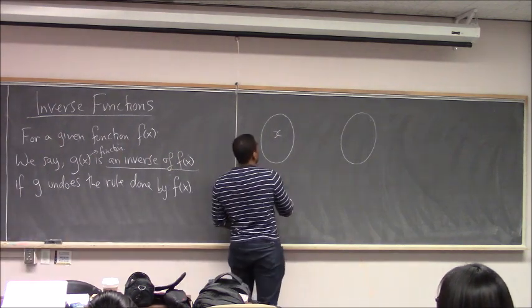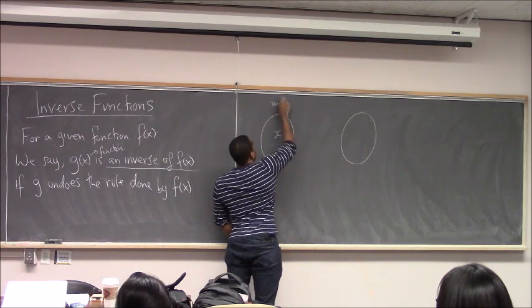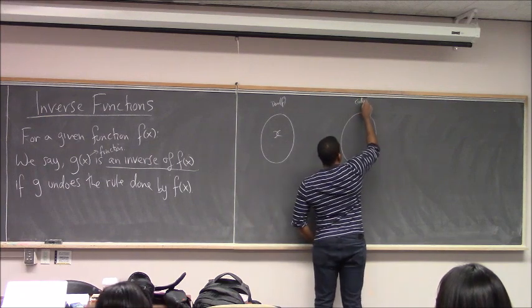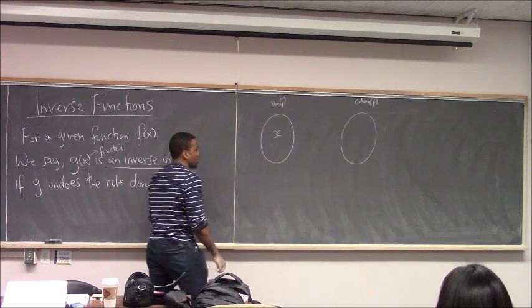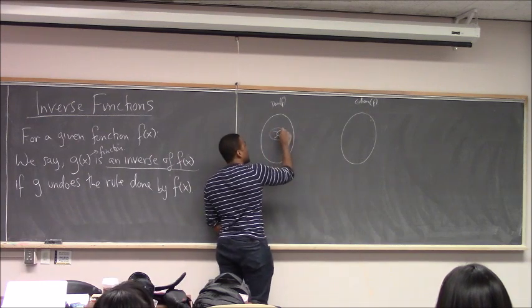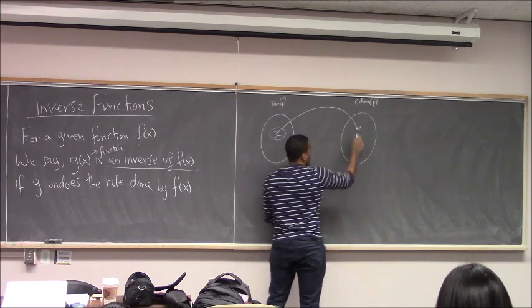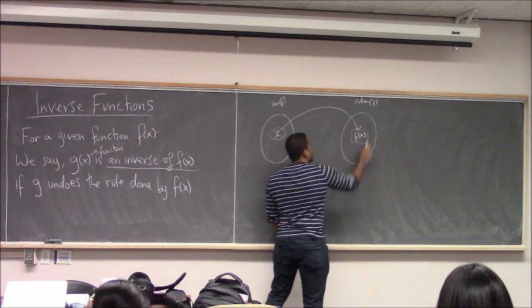So let's say this is in the domain of f, and here would be the codomain of f. f is going to take someone and do something with it, and move it over here. f of x, right? It's going to perform some rule.